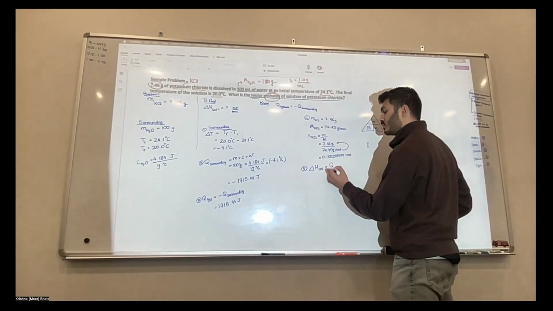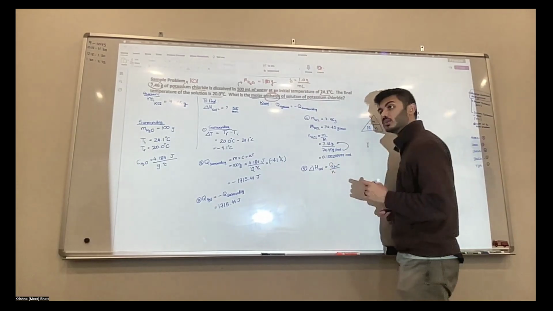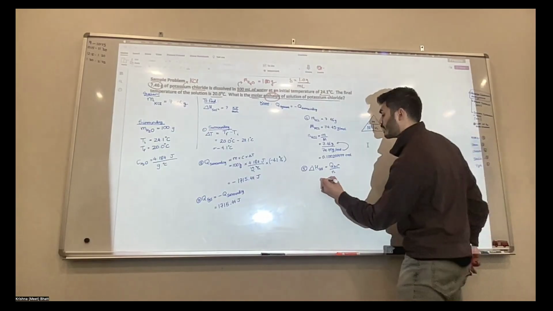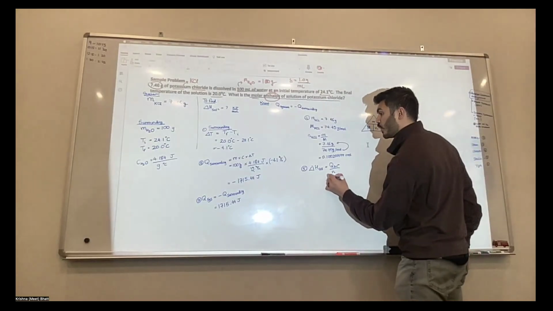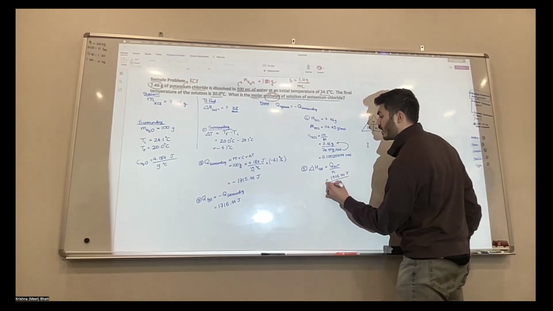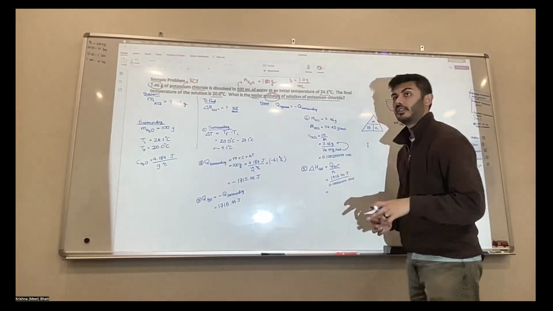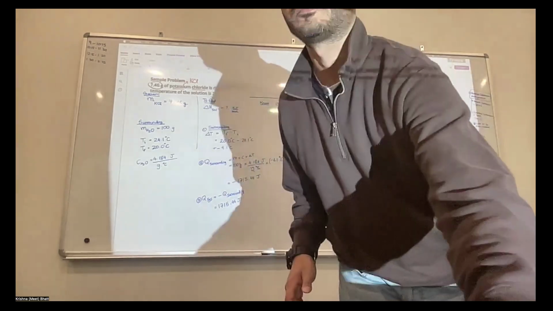So this is going to be Q of solution per moles. This is going to be equal to your 1715.44 joules per 0.100201477 moles. And let's do our final calculation then.